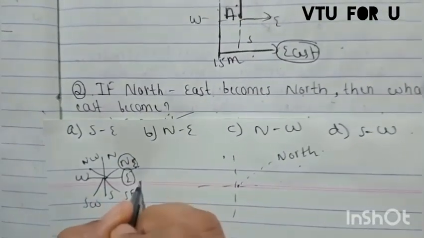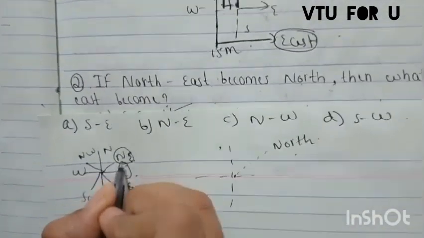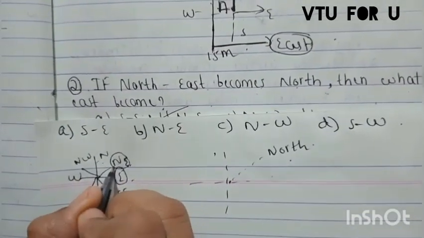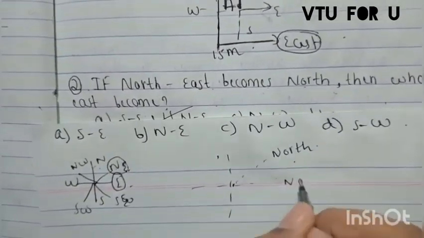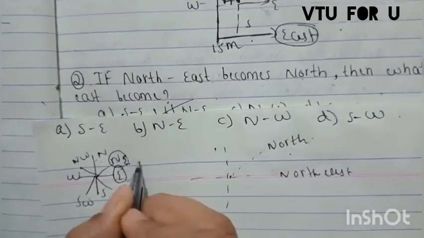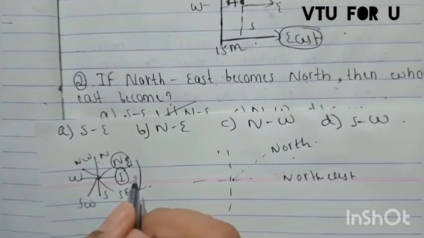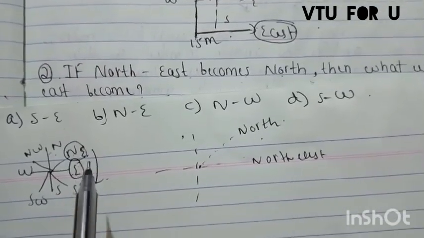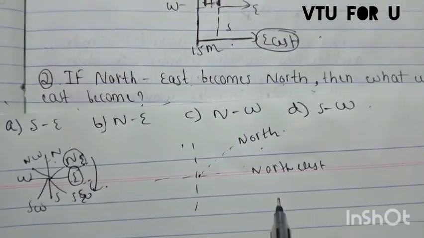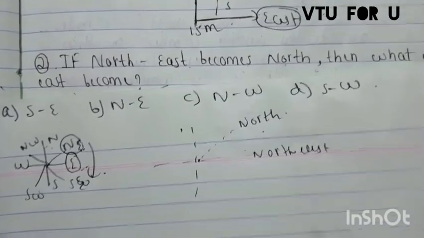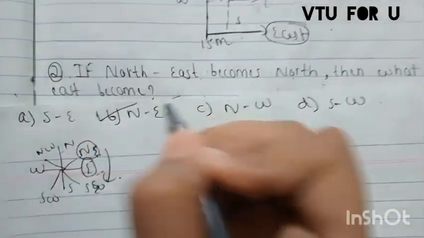What will be next after north? That is northeast. So east will become northeast. Very simple question. They have just considered northeast as north. After north, what is the answer? That is northeast, right? So option number B is the answer.